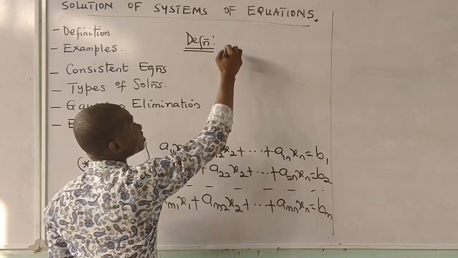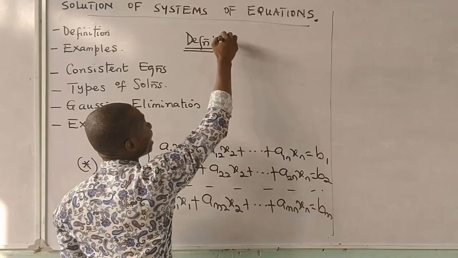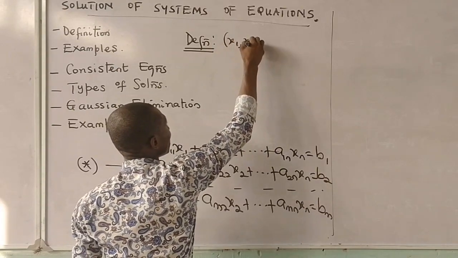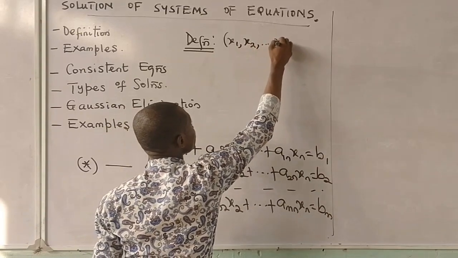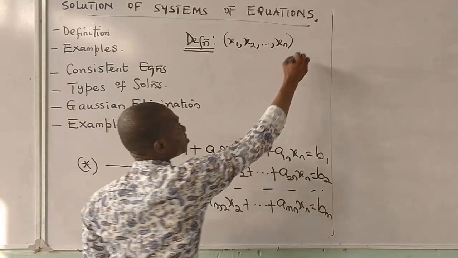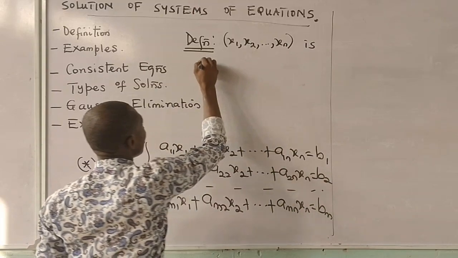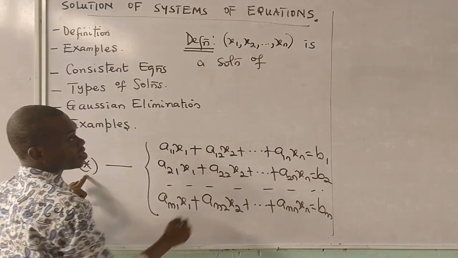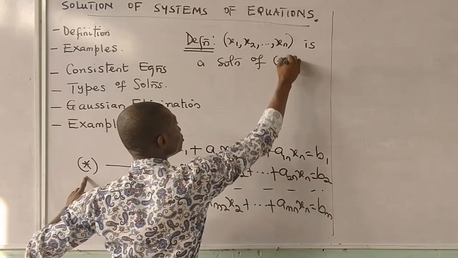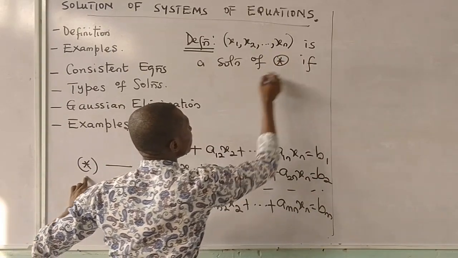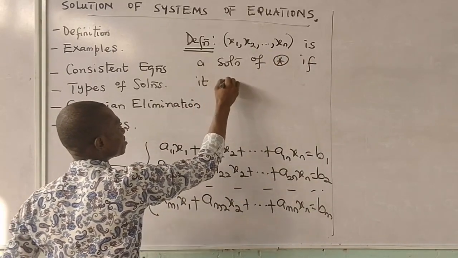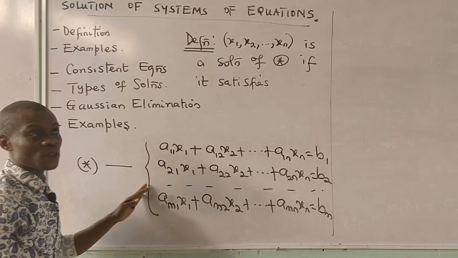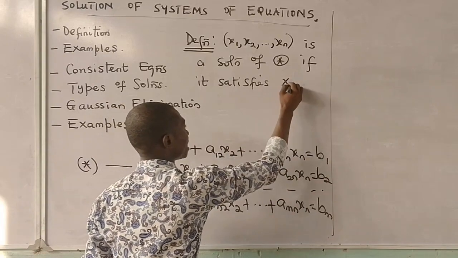Okay, so we say that x1, x2 up to xn is a solution of the system star if it satisfies all the equations of the system. If it satisfies your star.